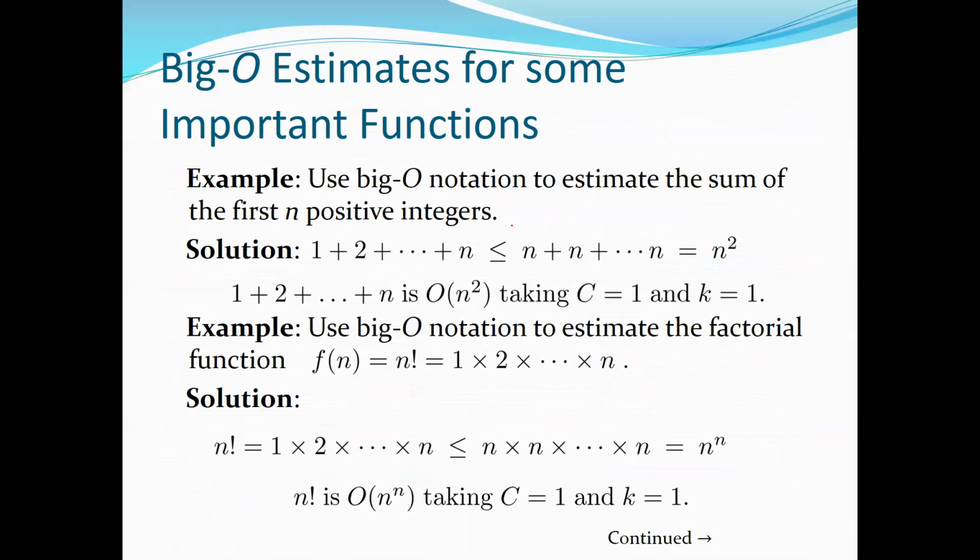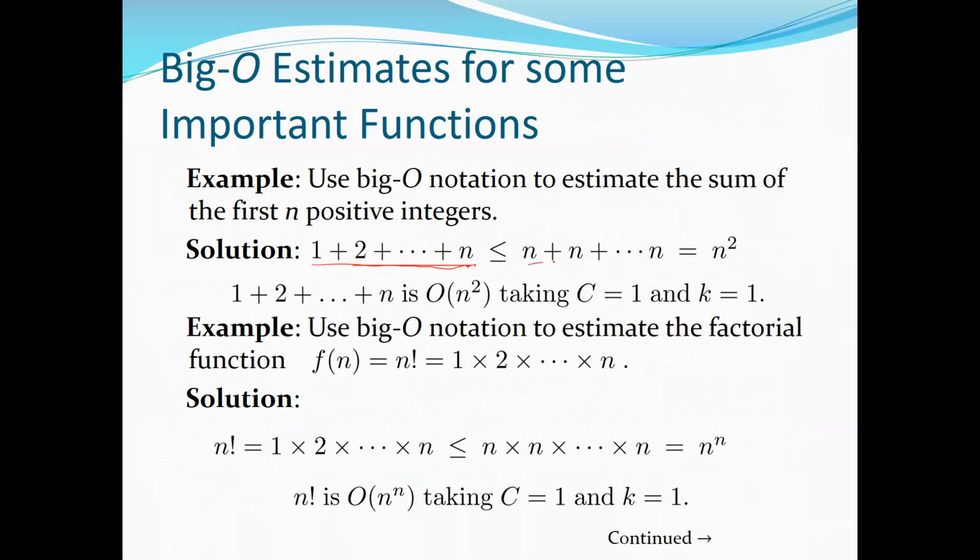Here is an example. Use big O notation to estimate the sum of the first n positive integers. So the first n positive integers means we are going to find 1 plus 2 plus 3 plus 4 and so on up to n. We are going to estimate the big O of this. Since we know that the highest value is n, all the values n minus 1, n minus 2, n minus 3, down to 4, 3, 2, 1 are smaller than n.